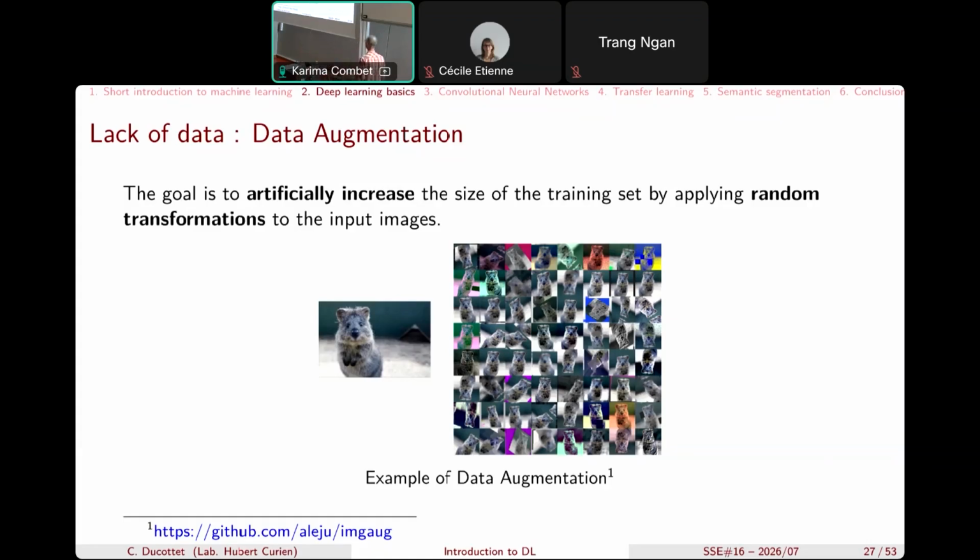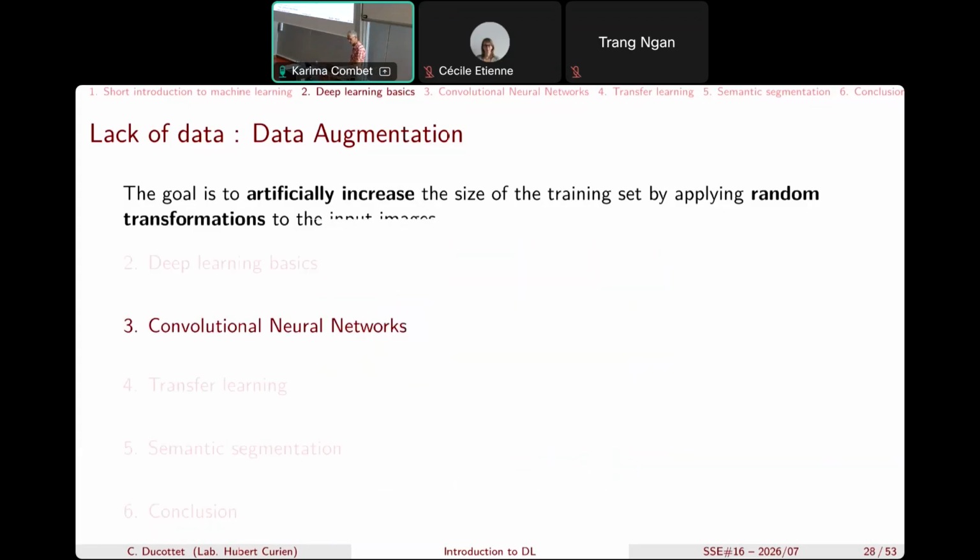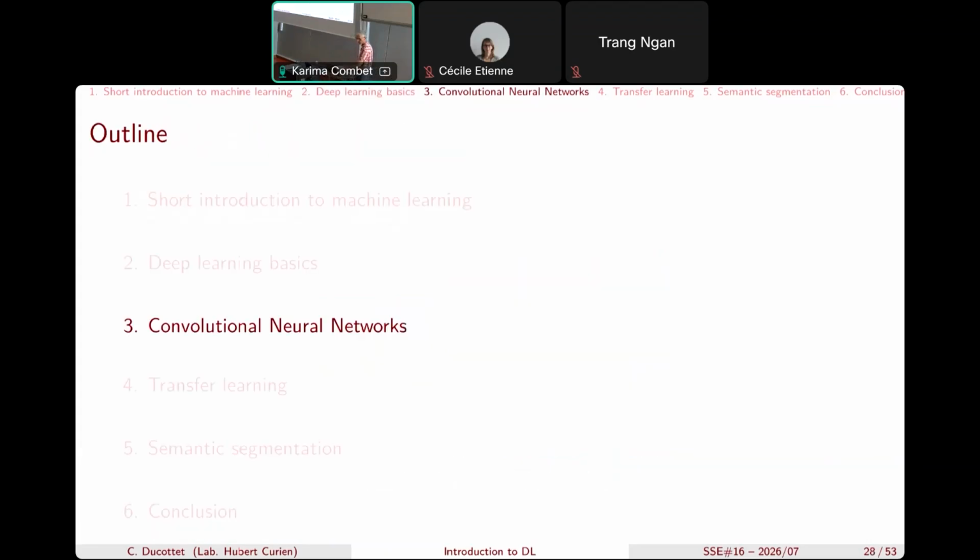So it is like you had more images, but in fact, you are artificially making some new images. This strategy, most of the time, improves the training. Okay. So I'm going very fast, but in fact, we will practice this afternoon.